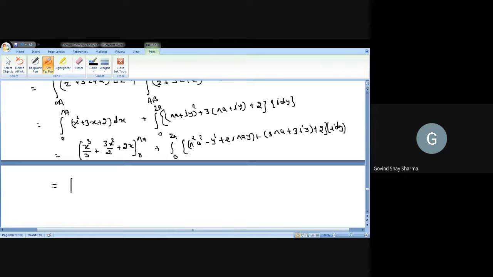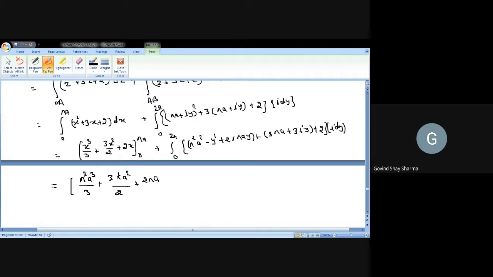Here I put the value: π³a³/3 + 3π²a²/2 + 2πa − 0.